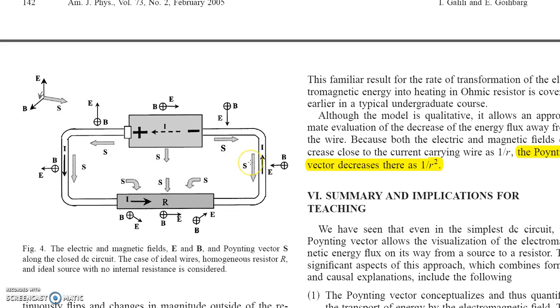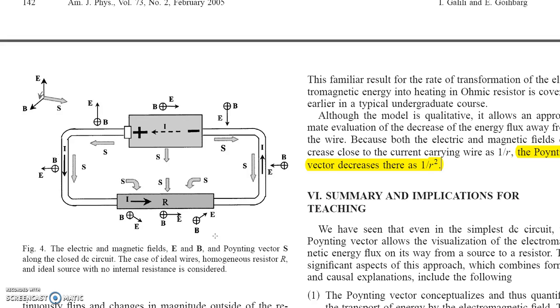Okay, several points. First of all, the pointing vector is also running along the outside of the wire. That's just not being drawn for clarity purposes. Second point, the pointing vector curls into the resistive element because of the changing direction of the E field as you go through the resistor.